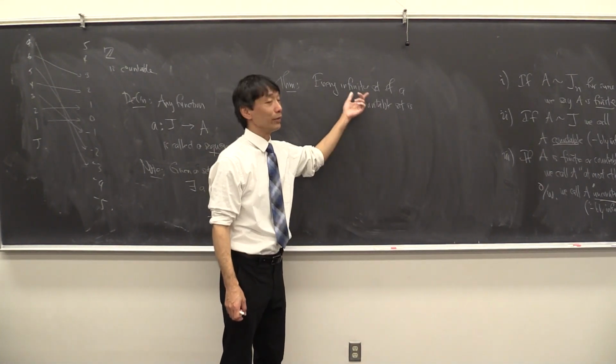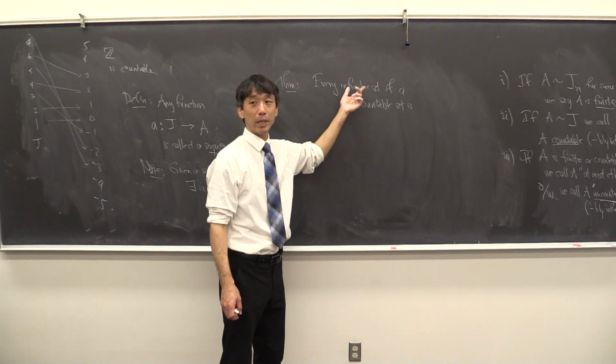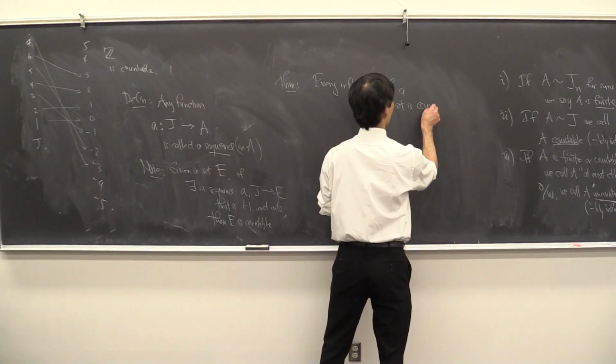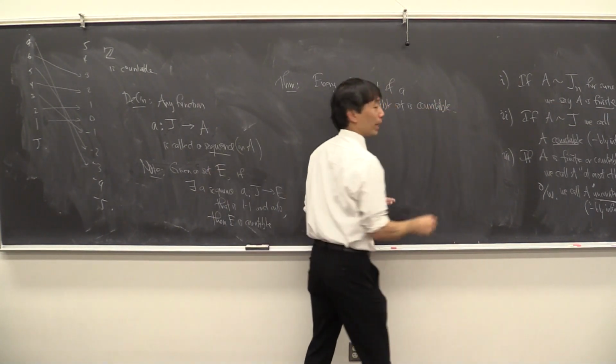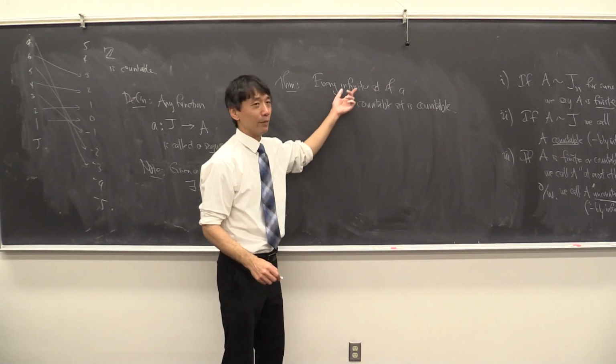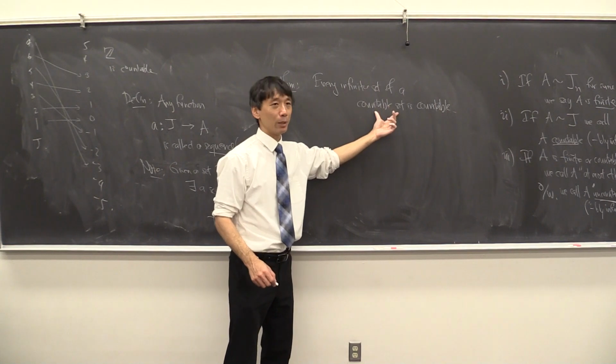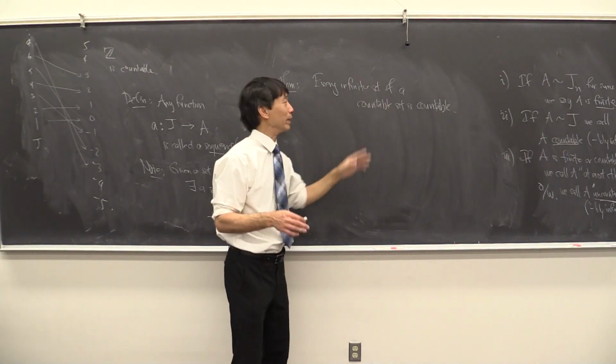You have a countable set, you have an infinite set inside of it. That infinite set has got to be countable. You don't expect to have an uncountable set sitting inside of a countable set. That would make your countable set uncountable.